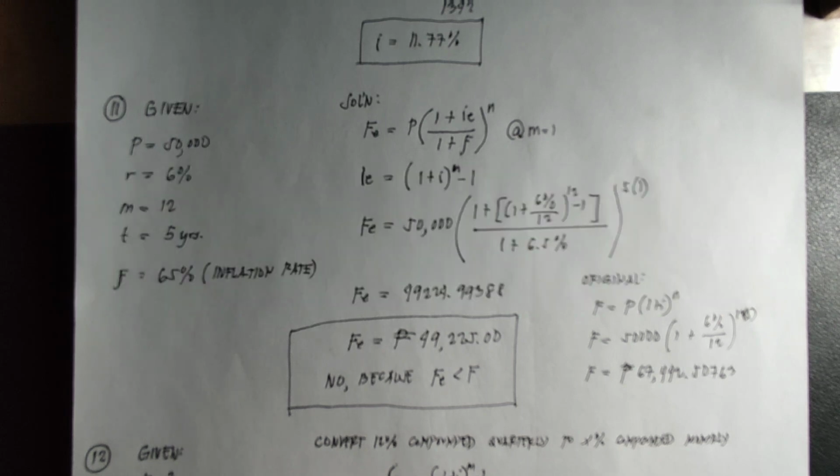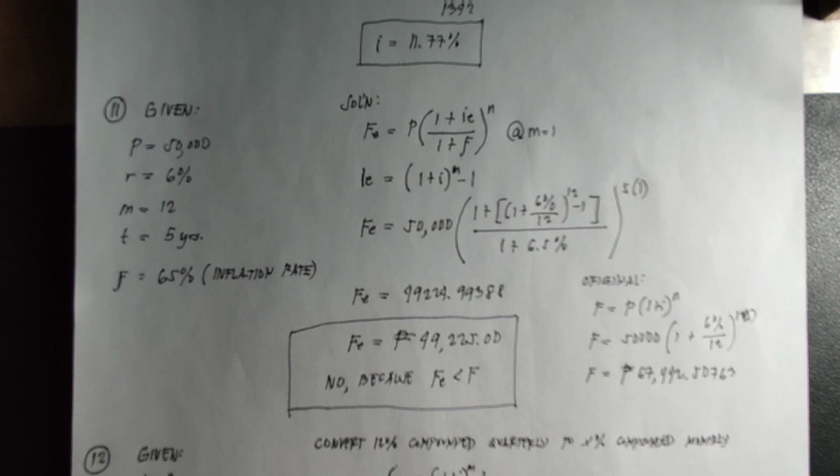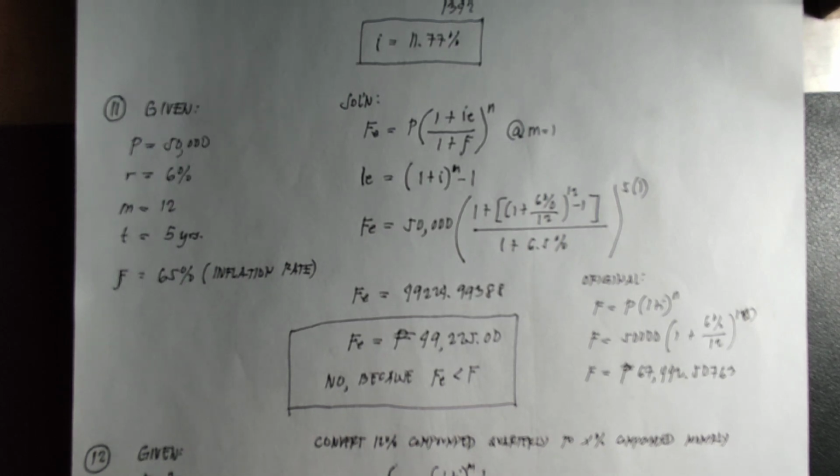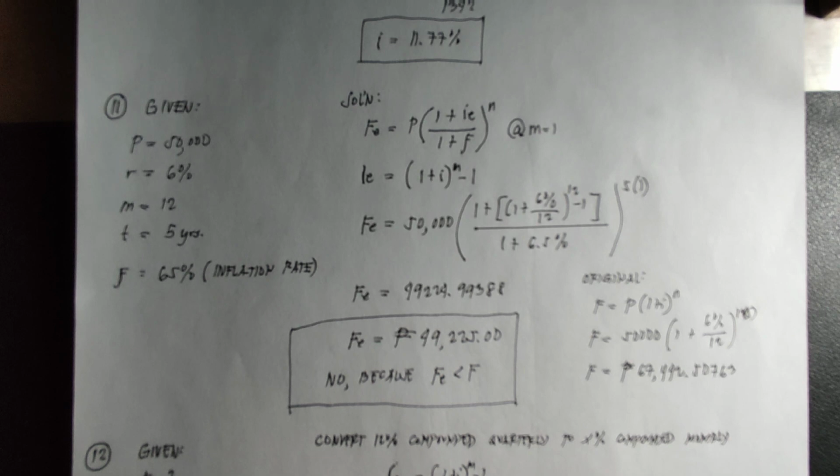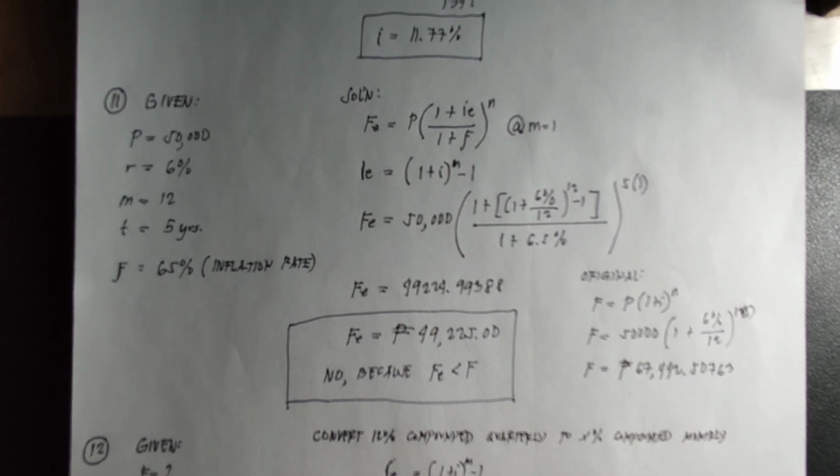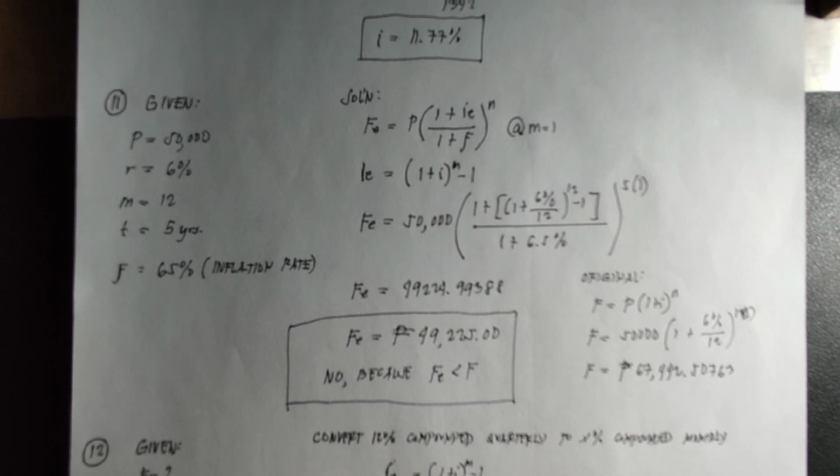To answer that question, we will write the given: the principal is equals to 50,000, r is equals to 6%, m is equals to 12, t is equals to 5 years, then f is equals to 6.5% inflation rate.